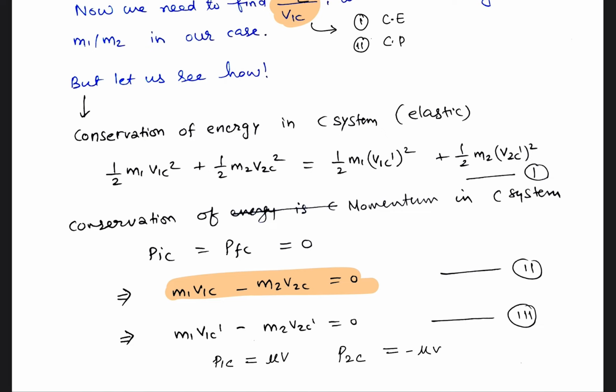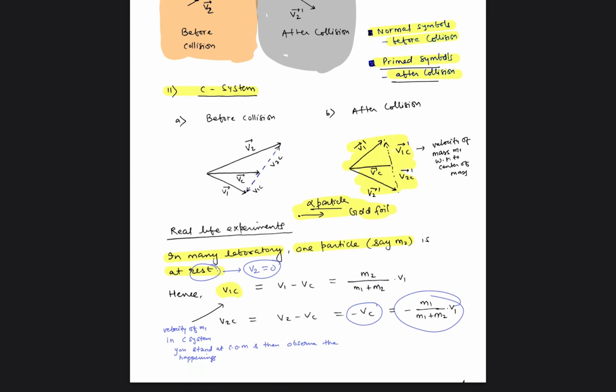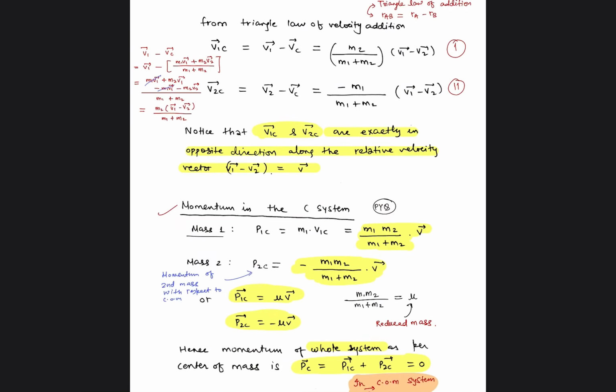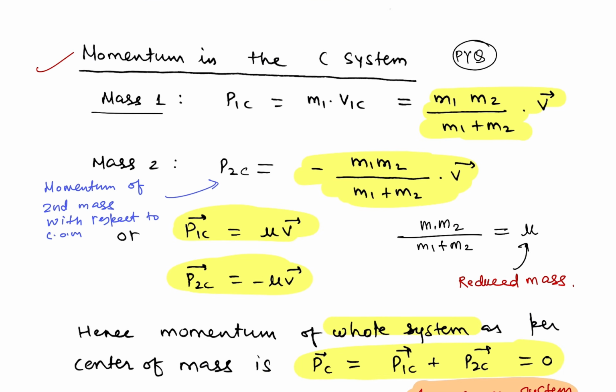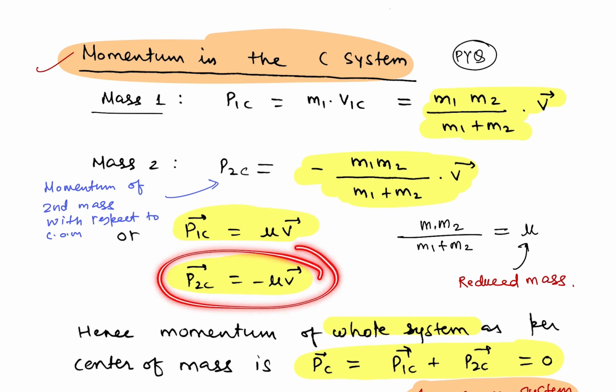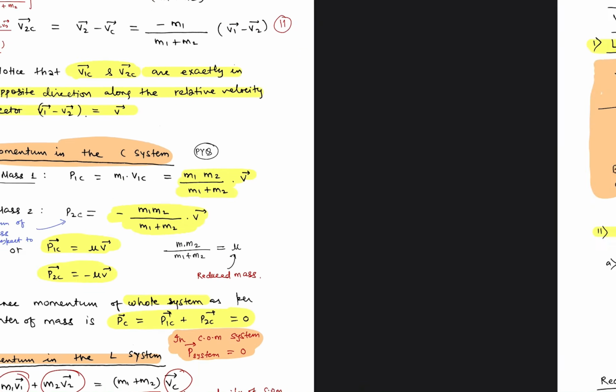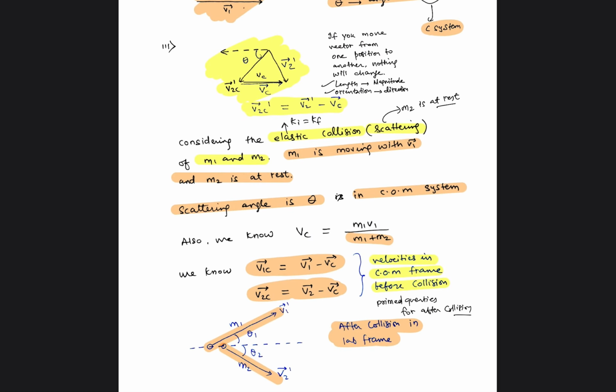So they are equal but in opposite directions. So we could simply write that without any issue. If you have forgotten it, let me tell you, we have done it here. This part, momentum in C system. Okay, everything is clear from here. We have already derived it to be this and this, mu v and minus mu v, where mu is nothing but reduced mass. So let us come to our original problem.